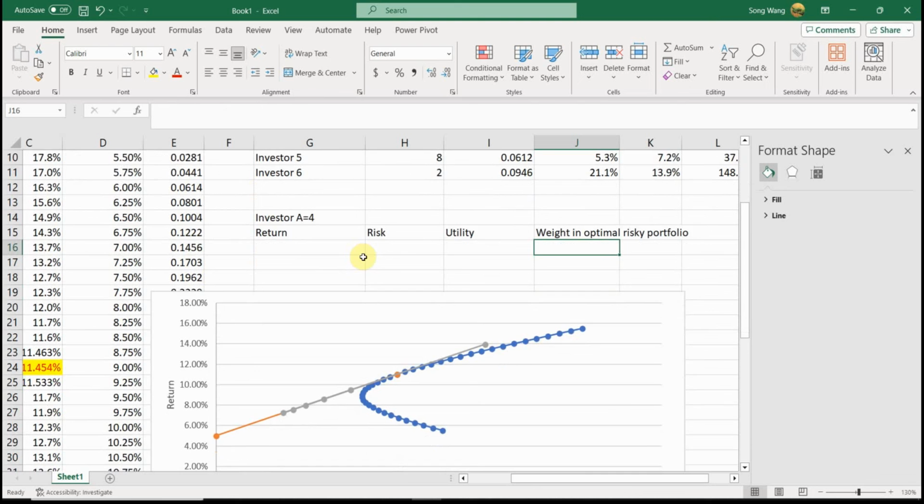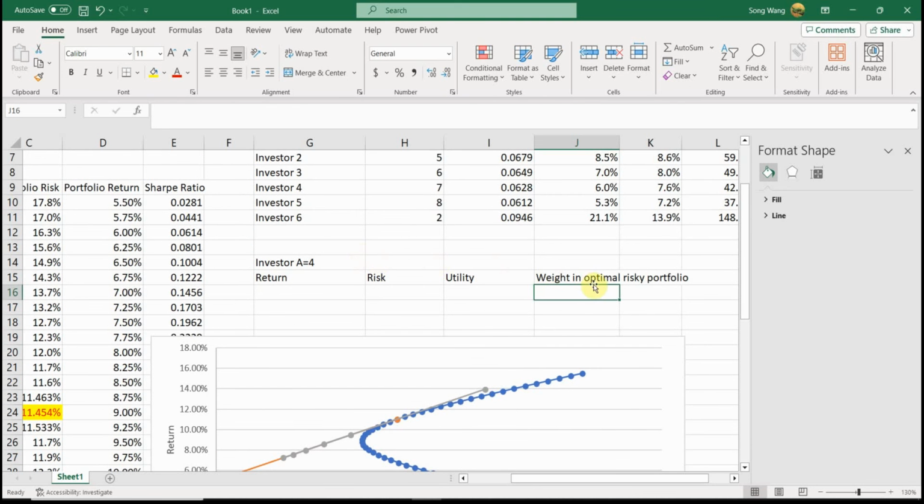Okay, and let's see, this person's weight can be from -40%. That means they just short the risky portfolio, to -20%, and then I put it all the way to 160%.